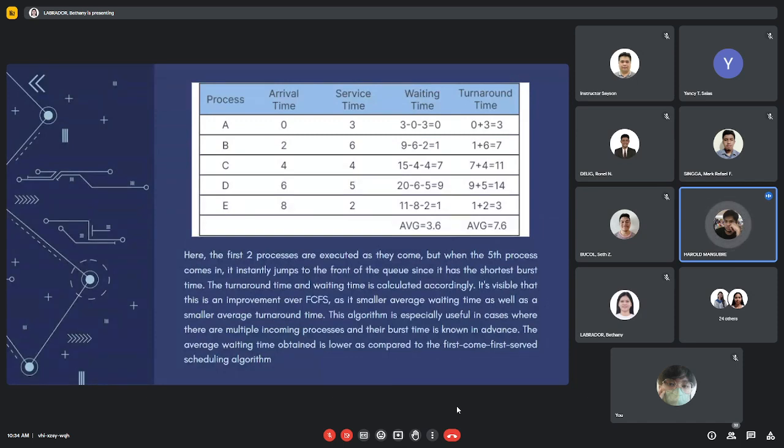It's visible that it is an improvement over first come first serve, as it has a smaller average waiting time as well as smaller average turnaround time. So this algorithm is especially useful in cases where there are multiple incoming processes and their burst time is known in advance. The average waiting time obtained is lower as compared to the first come first serve scheduling algorithm.